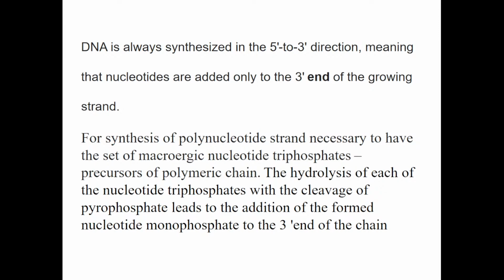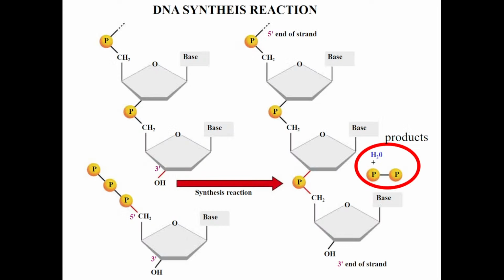Why? Because for synthesis, association of the next nucleotide requires a nucleotide triphosphate. If adenosine monophosphate is to be associated, it must come as adenosine triphosphate. The nucleotide triphosphate will be cleaved to pyrophosphate, and digestion by pyrophosphatase leads to displacement of the equilibrium to the polymerized form.